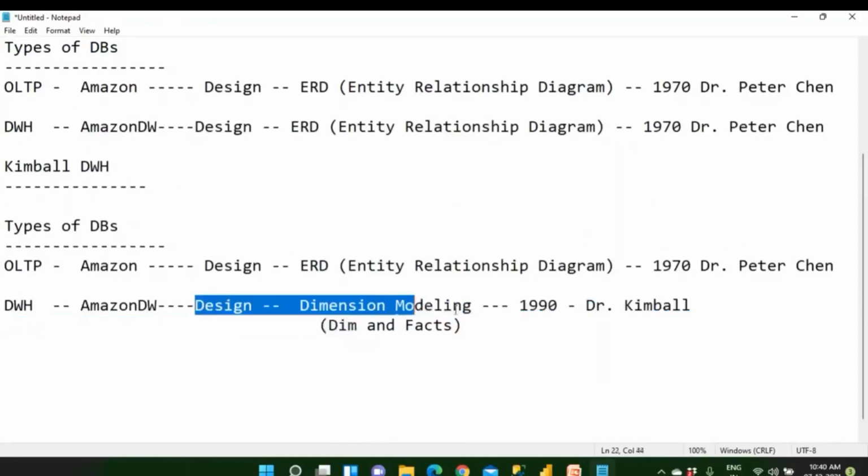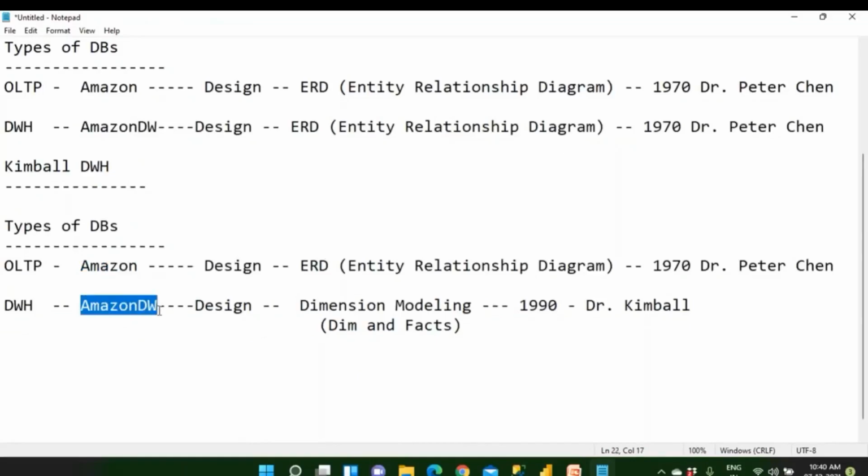We'll talk about this designing tomorrow and the day after. Two days we are going to be working on the designing of a data warehouse, and we'll see how the Amazon data warehouse can become a data warehousing database, and what to include to design a data warehouse from scratch. All of them we will discuss. Clear?